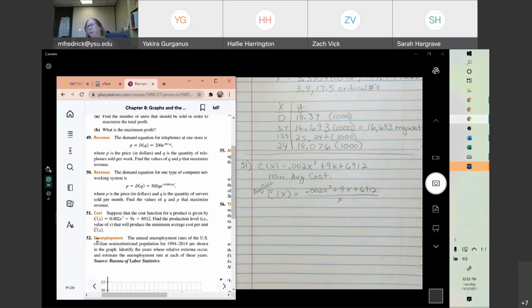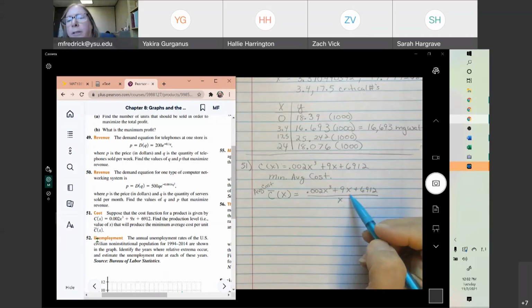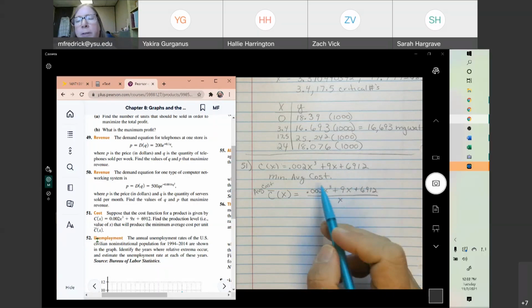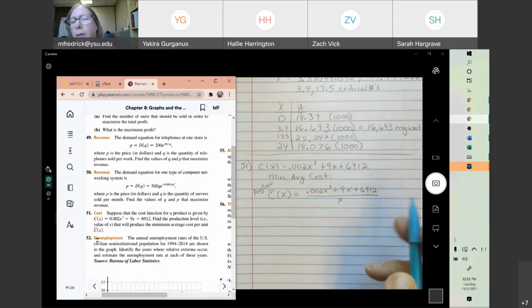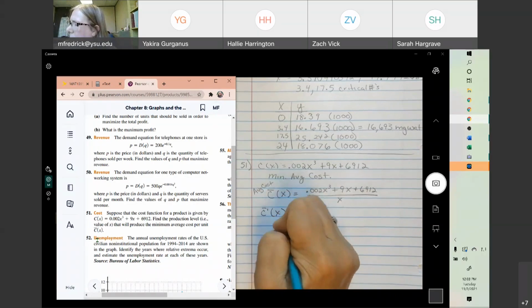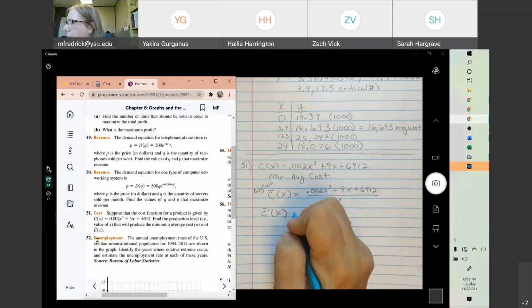I'm going to go with the quotient rule because we need to practice it. But you could have divided this x into each of these and done it, but then you have a negative exponent. I don't know, it might be easier to solve this way.